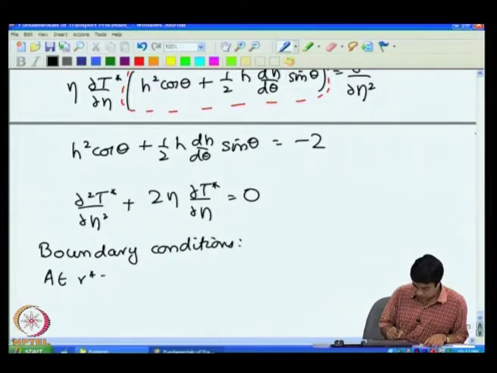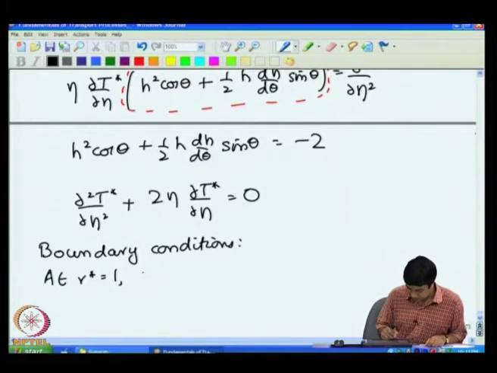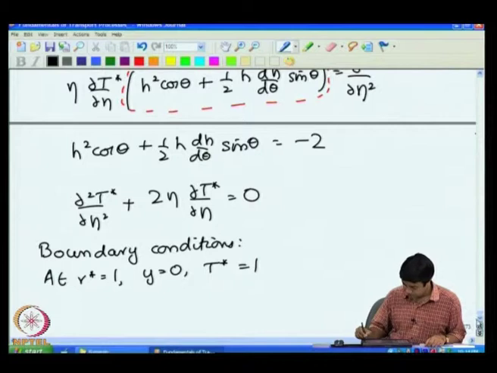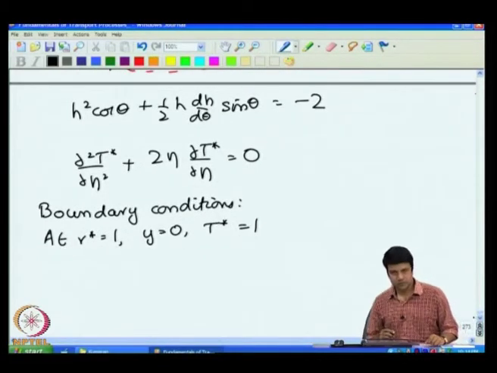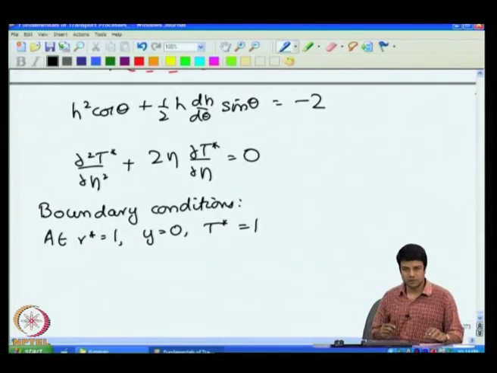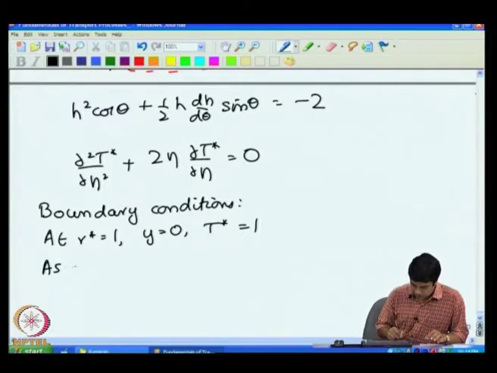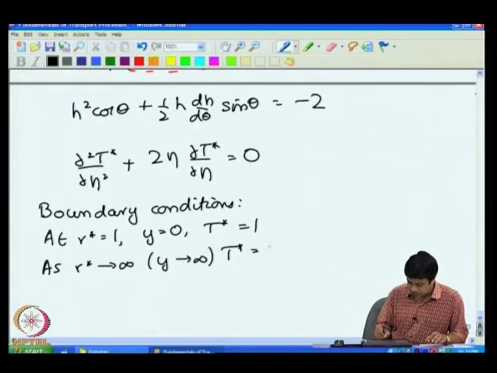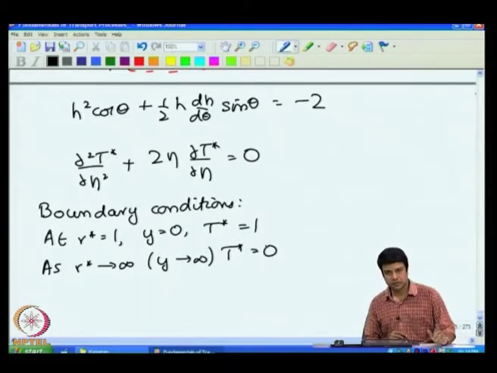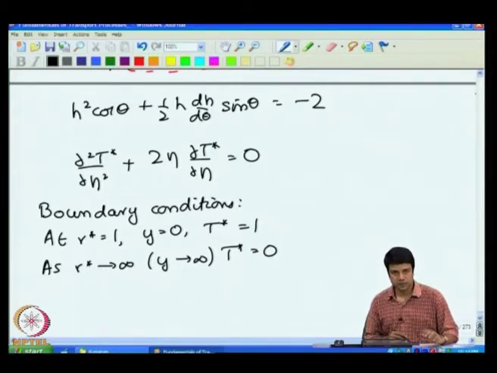At r star equal to 1, which means that y is equal to 0, T star has to be equal to 1. That is the boundary condition at the surface of the bubble. And as r goes to infinity, y goes to infinity, T star has to be equal to 0. So, far away T is equal to T infinity, that means that T star is equal to 0.